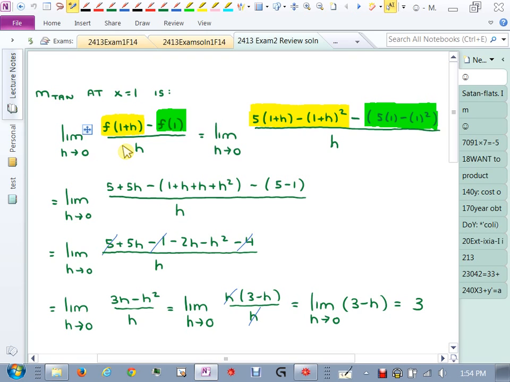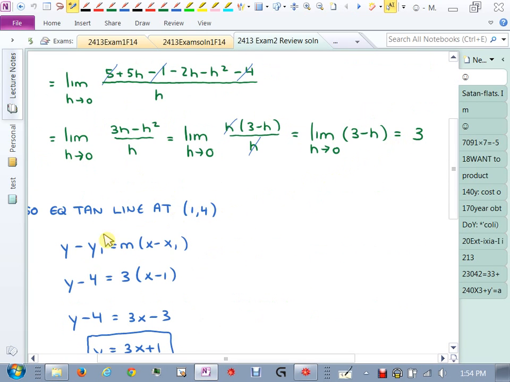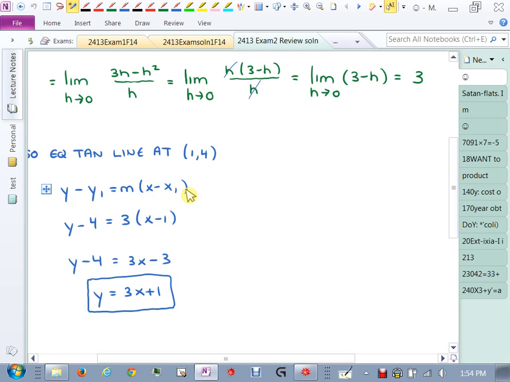Then just plug it all in, do all the work, and you get 3. Once you know the slope of the tangent line, you come here and you get the equation. There's the equation: y1, x1 is in here, m is right there. That's 3.